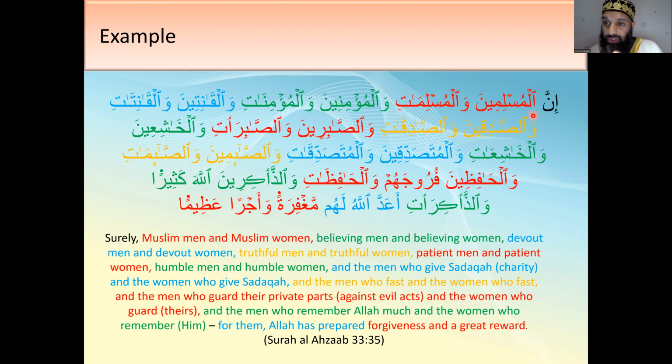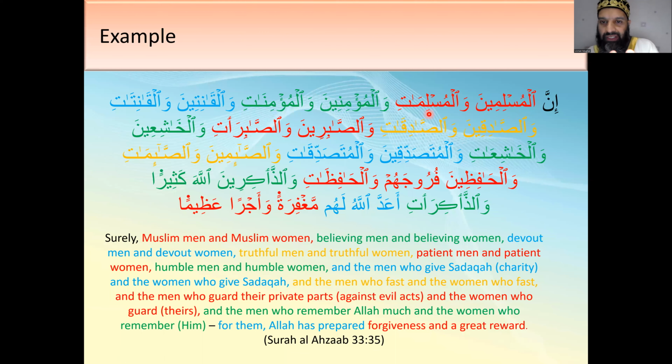The way you can tell it's only talking about men is if afterwards the women version is mentioned. If I just said innal muslimina, indeed the Muslims, that can include anybody, men and women. But when the word after it says and the Muslim women, then you know this one is specifically only men, because the next word is specifying only women.